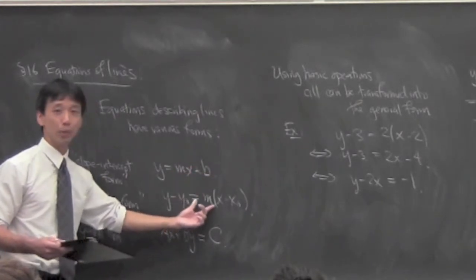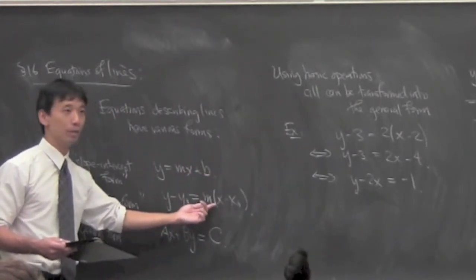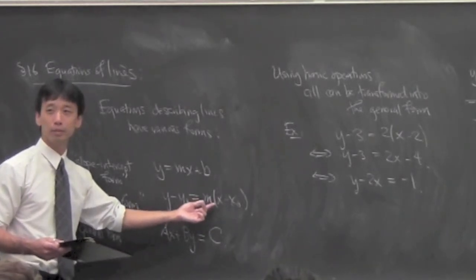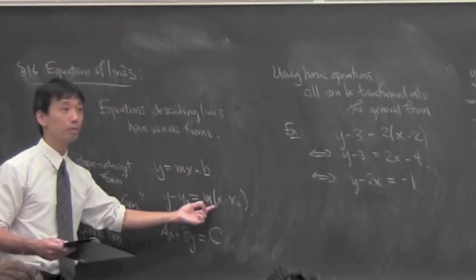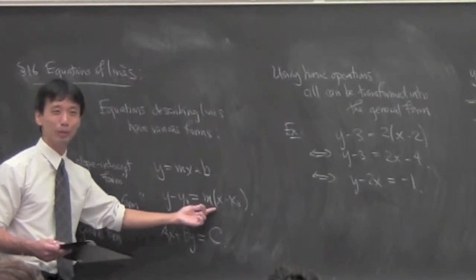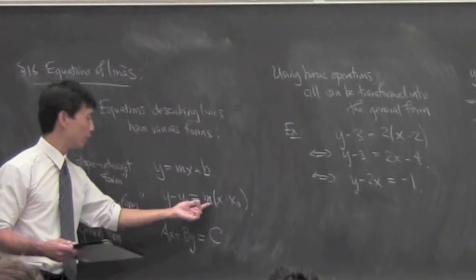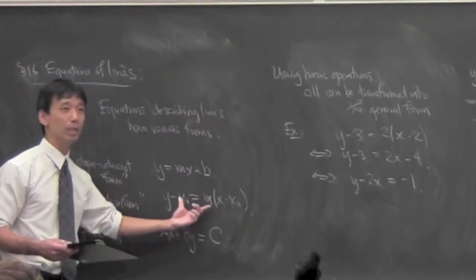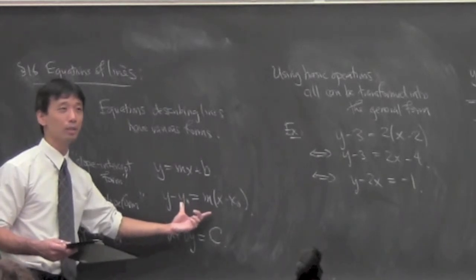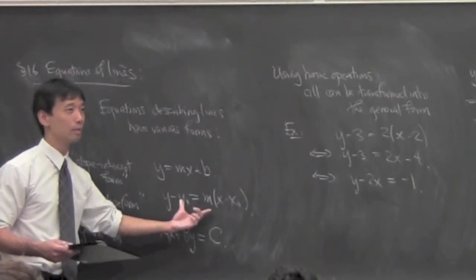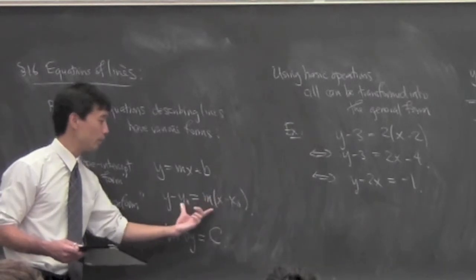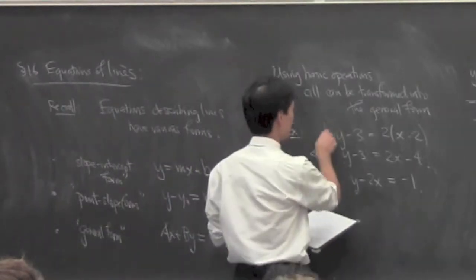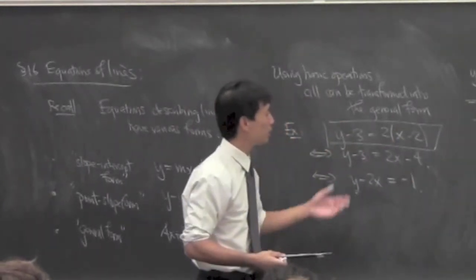If somebody gives you something in point slope form, what do you know? You know that the slope is m. What information does this give you? It gives you one solution immediately. What's the solution? A point on the line. It says that x naught, y naught satisfies the equation. If somebody gives you this, you say, oh look, it's in point slope form.